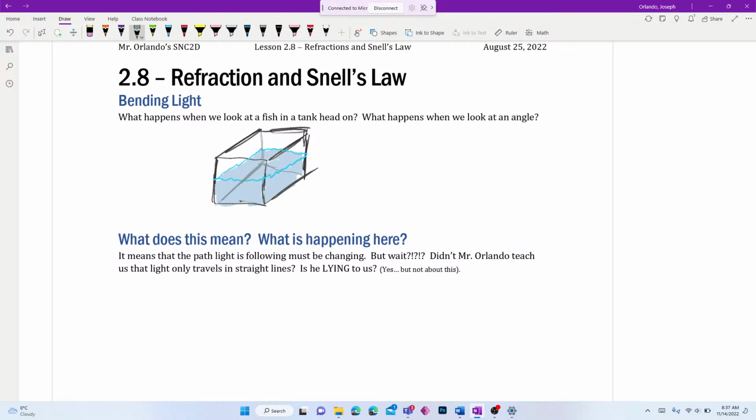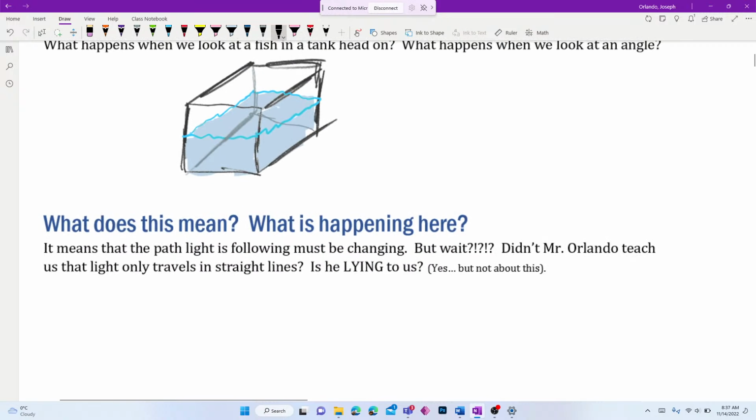Okay, there's my tank. And the thing we observe is that we can see our little guy right here, and we kind of see him there, and we can kind of see him from the top down here.